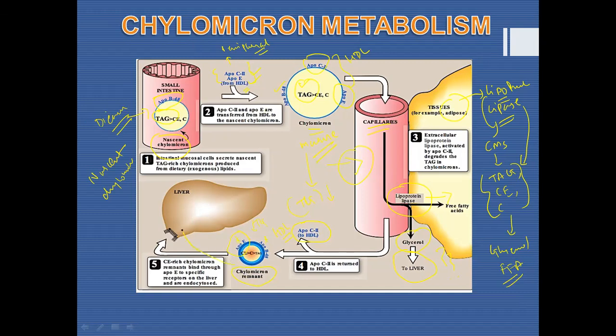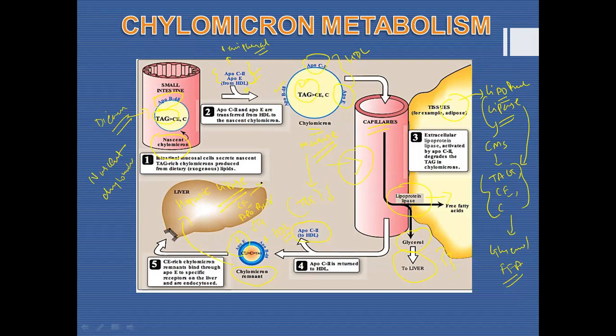It will go into the liver, and the liver will have another specific enzyme which is known as the hepatic lipase. Okay, that will hydrolyze the cholesterol esters and ApoB48.